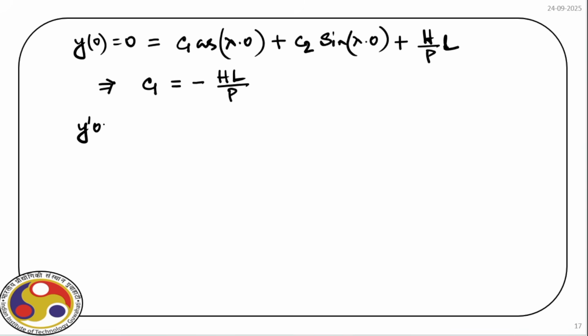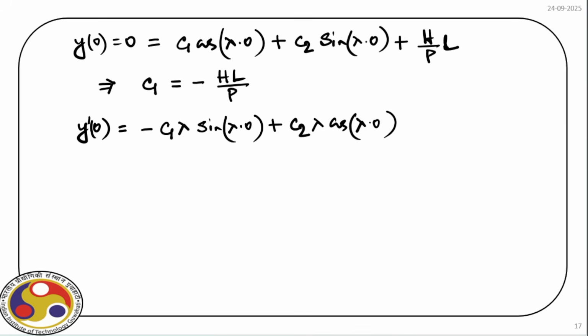So y prime of 0 is equal to minus C1 lambda sin lambda 0 plus C2 lambda cos lambda 0, and then we have minus H by P. Which means this term is 0, and we have C2 is equal to H divided by P lambda.